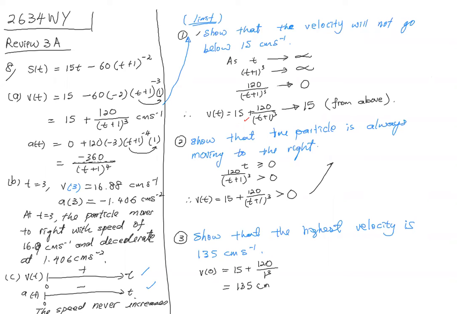I have to show that this is the highest velocity. It won't go further than that, because I don't know what my velocity graph is like. It starts from here. Can it go up like that? Can. This is one of the possible velocities. So how am I going to show that it doesn't go like that, but it goes like this?